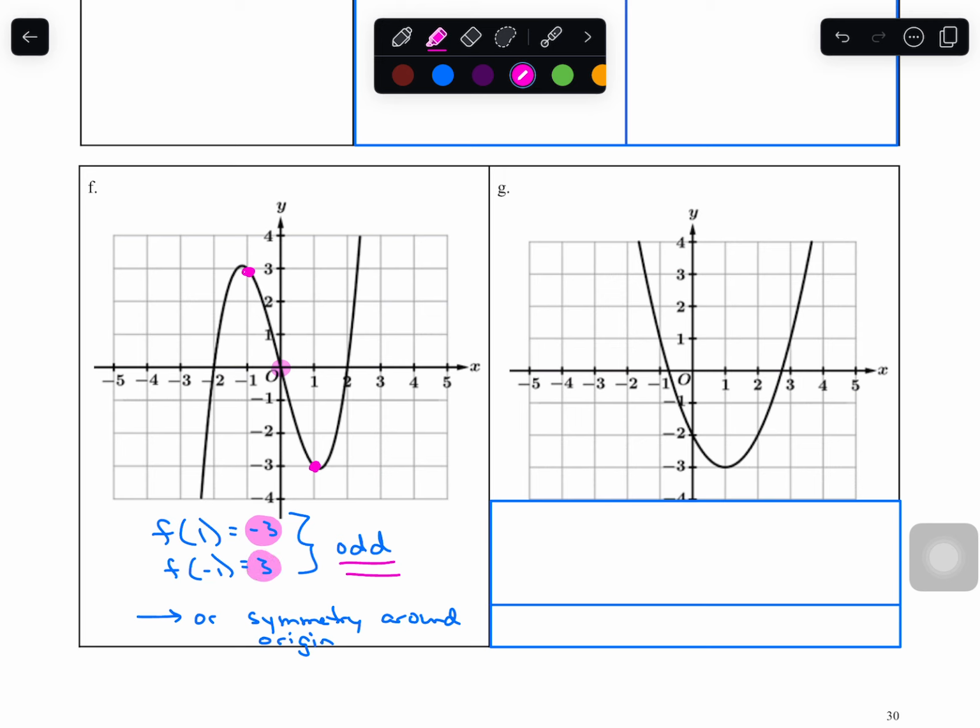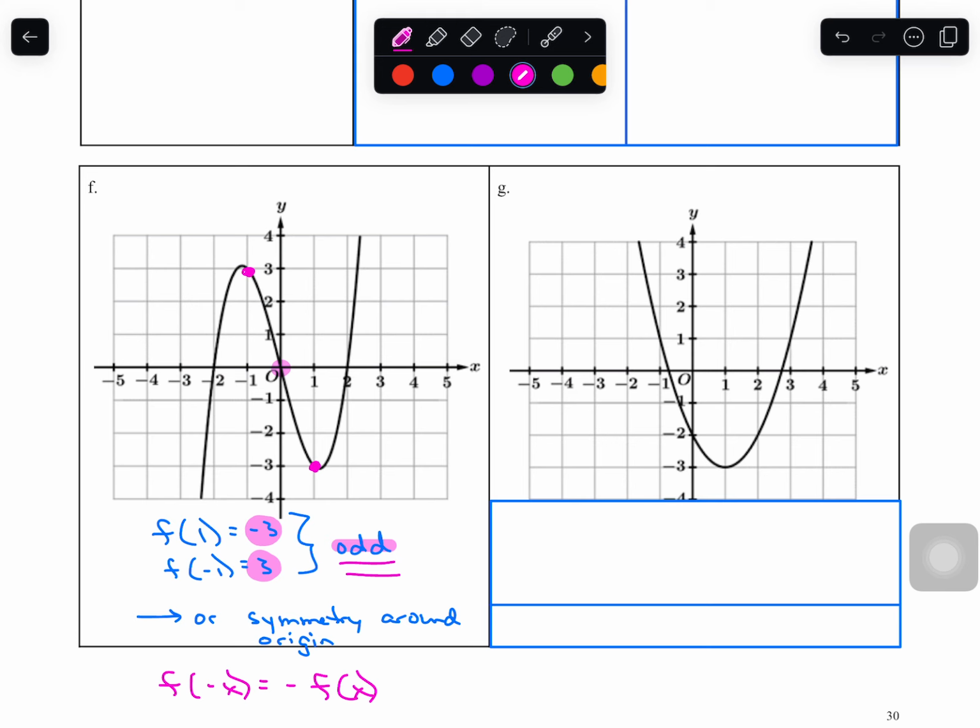Because those are opposite output values, that's why I can say it's odd. So you can use either reason. You can say it's odd because it's symmetrical around the origin, or because the output values are opposites. Or if you want to get fancy, you can say because f of -x is the exact same thing as the opposite of f of x.